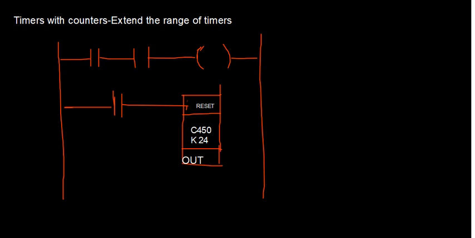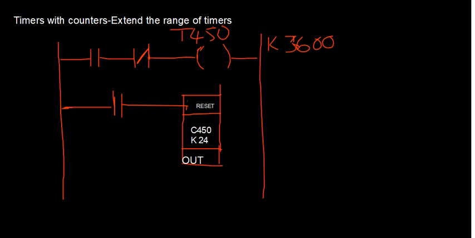Let me use one more input here, and here this timer let me take as T450 with K of, say, 3600. K of 3600. This is very important now.